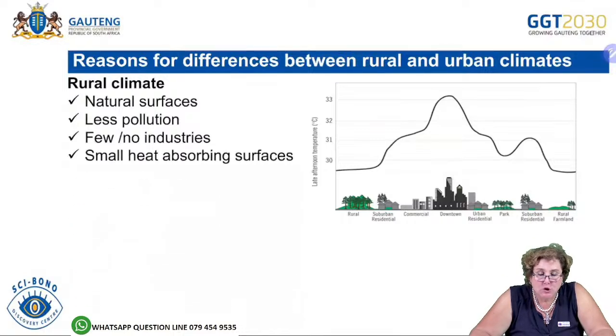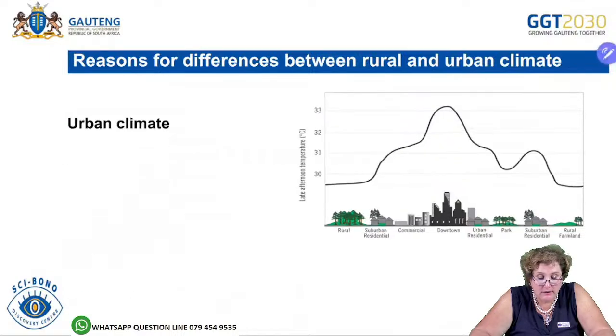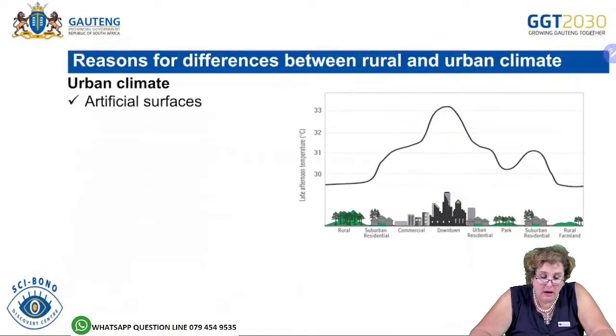They also have small heat absorbing surfaces. There are very few tarred roads or concrete that absorb the heat. And the rural areas have much fewer people staying there that can create pollution. There are also fewer cars.